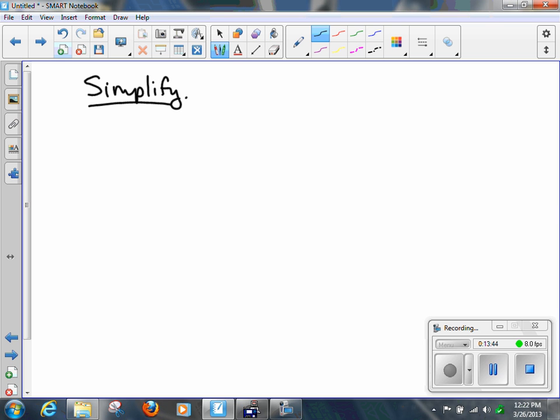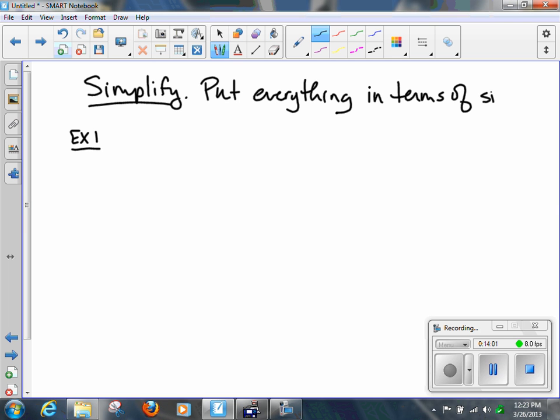So here we go. Put everything in terms of sine and cosine. So if I'm reducing from 2/4 to 1/2, if I start out with a tangent or a cotangent or a secant or a cosecant, I've got to whittle it down to where in my final answer I only have sine or cosine. Okay?